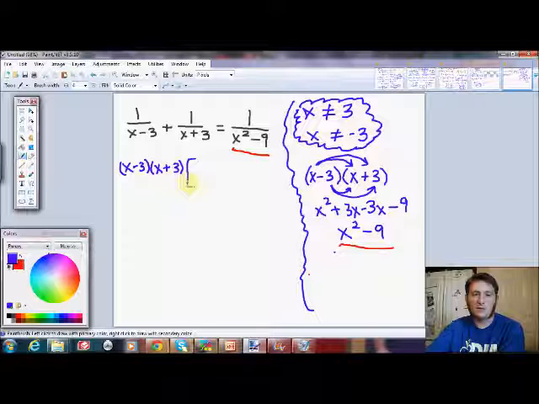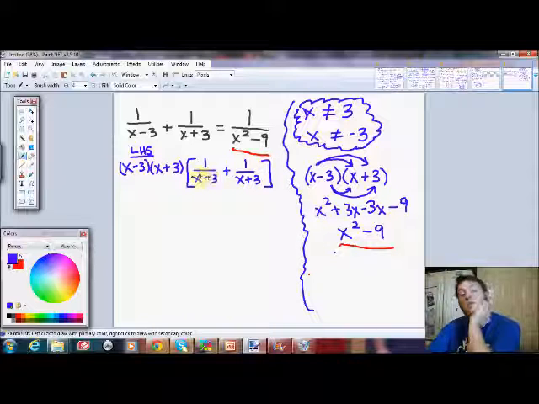So first, I just kind of want to look at what would happen on the left-hand side. Well, we have these two things, and we're going to distribute it, but what we're distributing to are fractions.